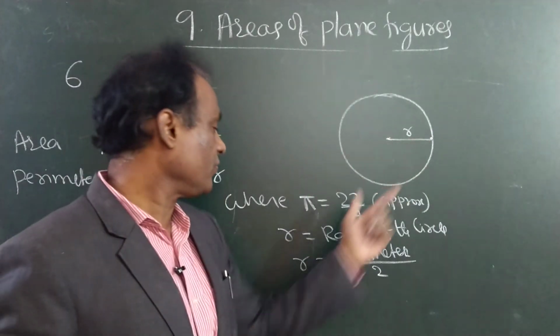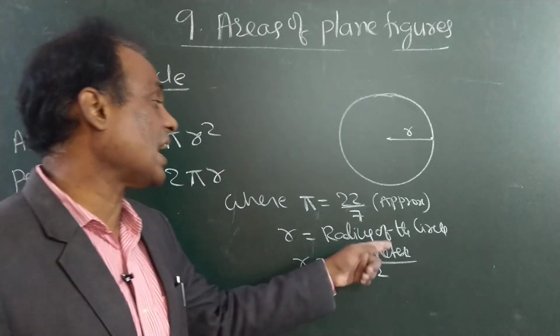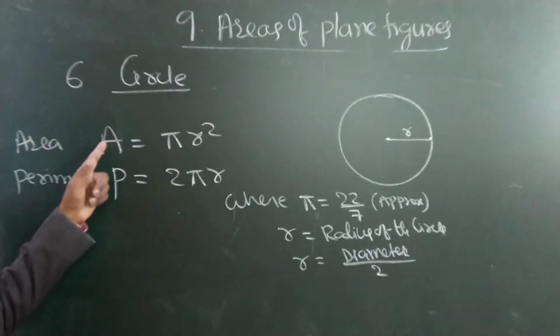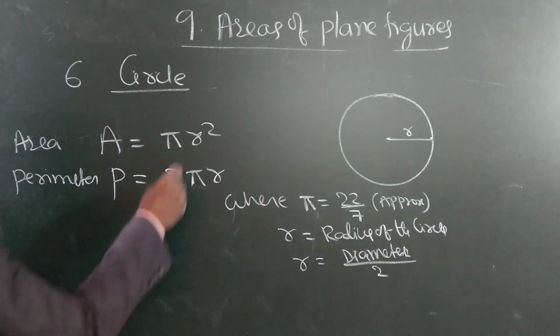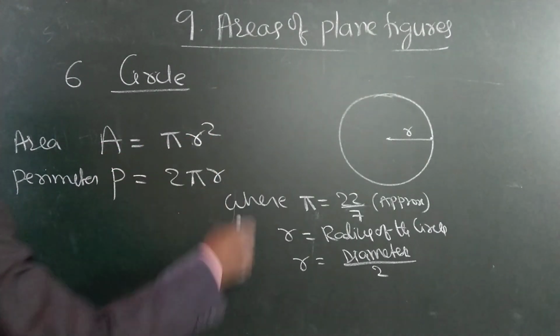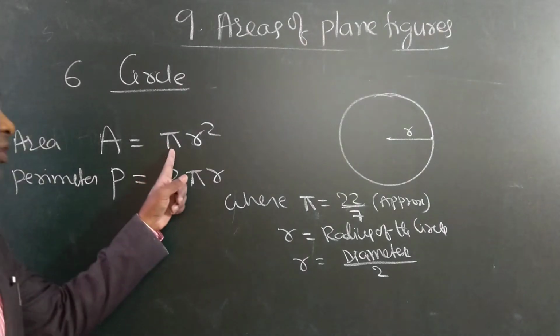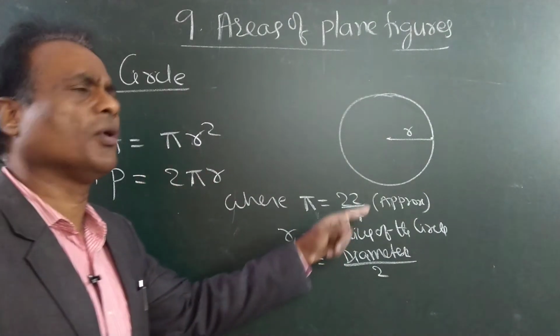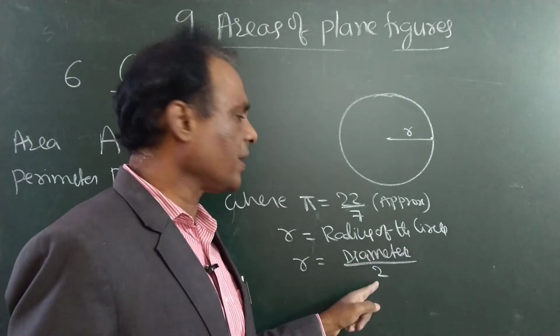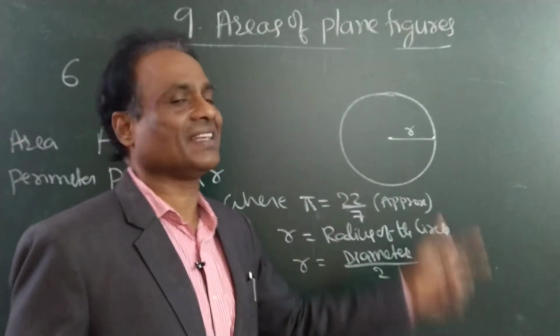If you make it half, we will get the radius. So this is the formula for area of circle, pi r square, and perimeter of the circle. Here pi is 22/7, r is the radius. If diameter is given, divide it by 2 to get the radius.